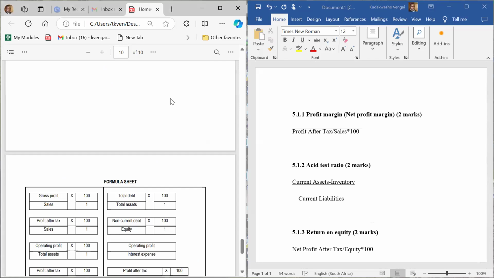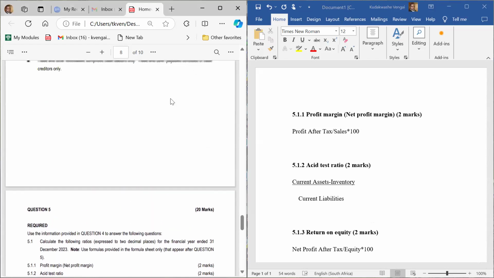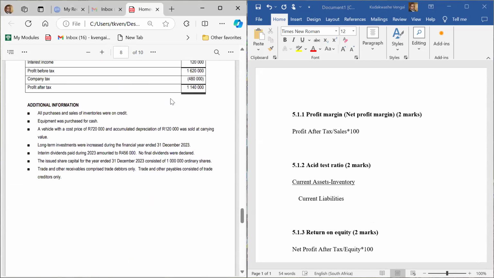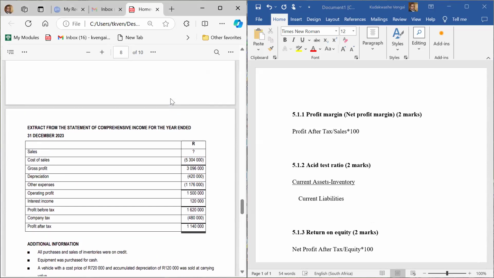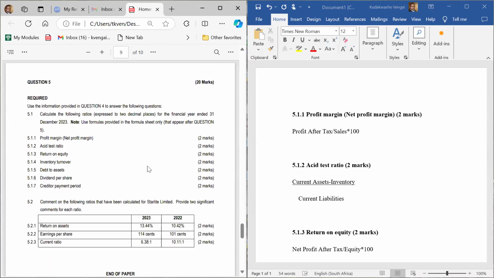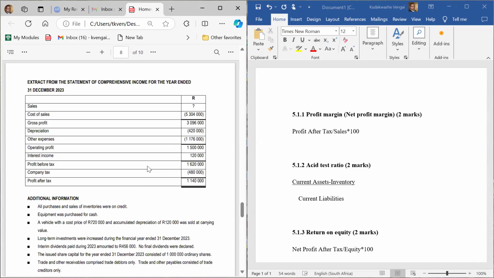All right. So he says use the information in question number 4. So if I go to question number 4, that's the information that I need. If the ratio says profit after tax, it means I need to identify what the profit after tax is. It's as straightforward as that. If I go to question number 4, you can see over here it says profit after tax was 1,440.